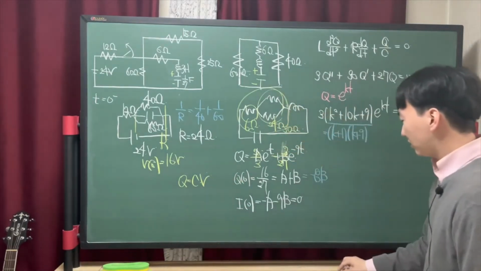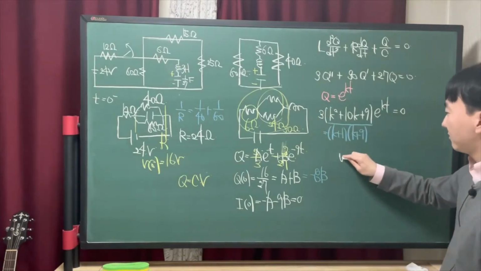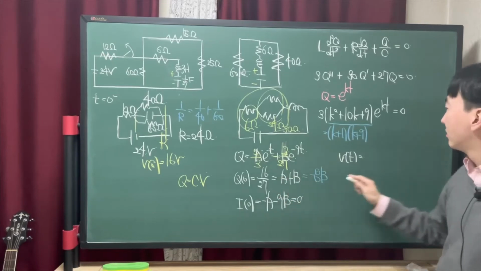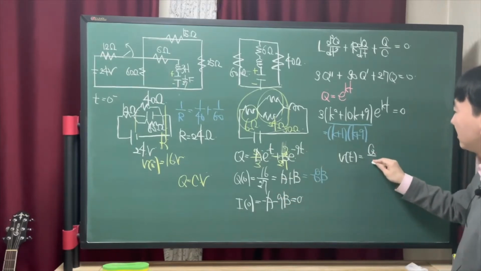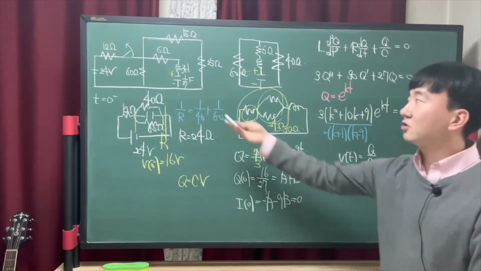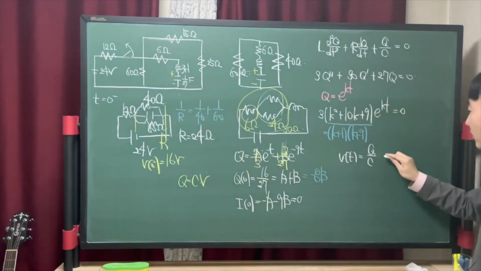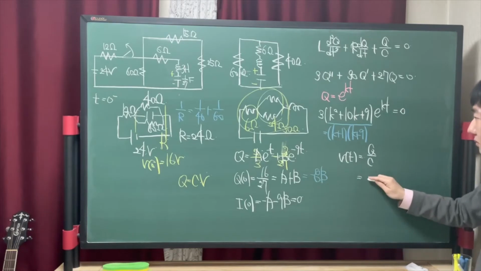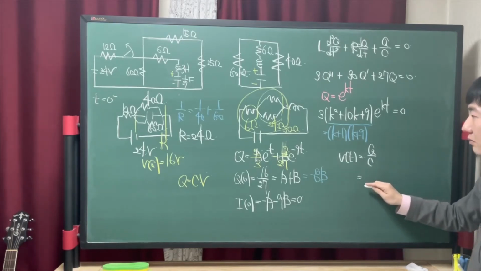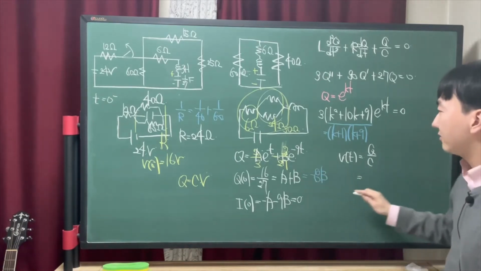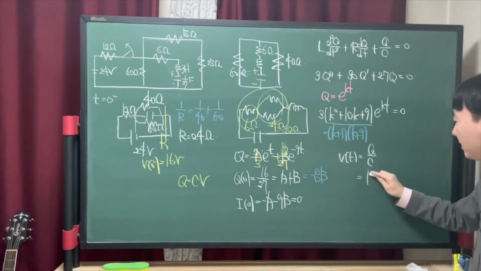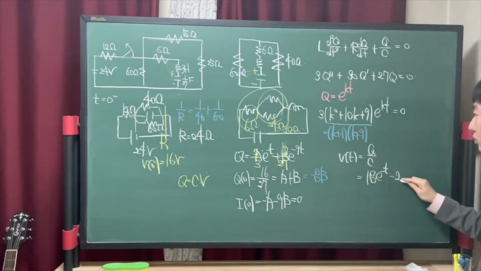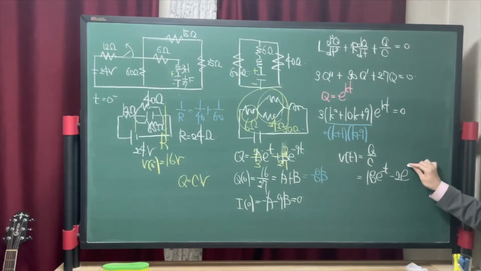So the final answer, Vt is q over c, and 1 over c is 27 reciprocal, so multiplying 27, we would get 18 exponential minus t minus 2 exponential minus 9t.